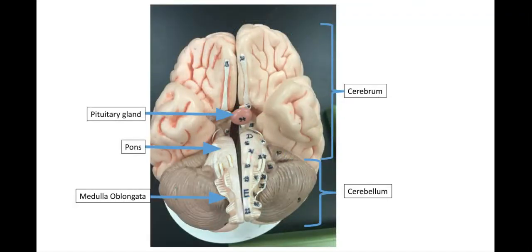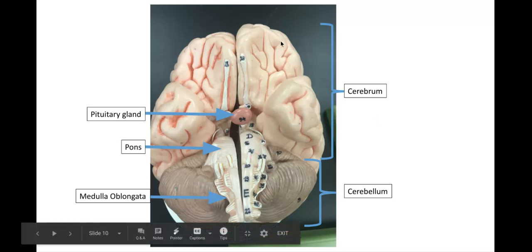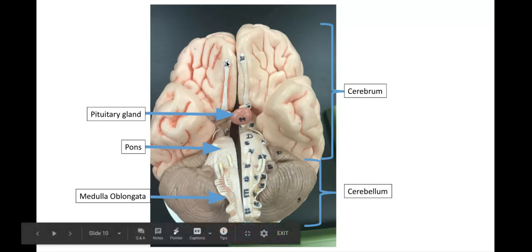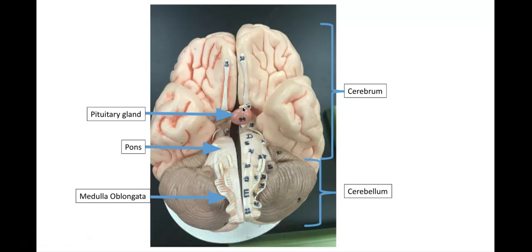If we look at this, again, sort of a looking into from underneath the brain angle, we still have our cerebrum and our cerebellum. But now we're able to start to pick out some other structures. We'll see that this is going to be our olfactory bulb when we get to our nerves.